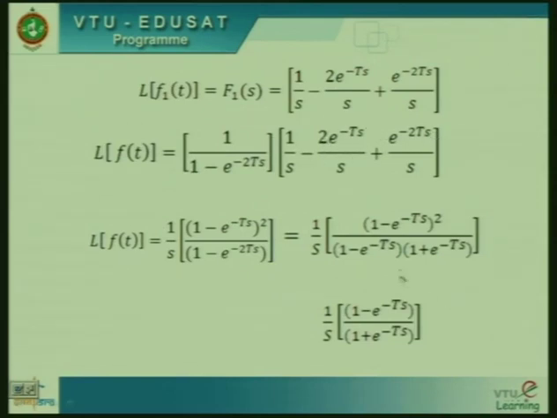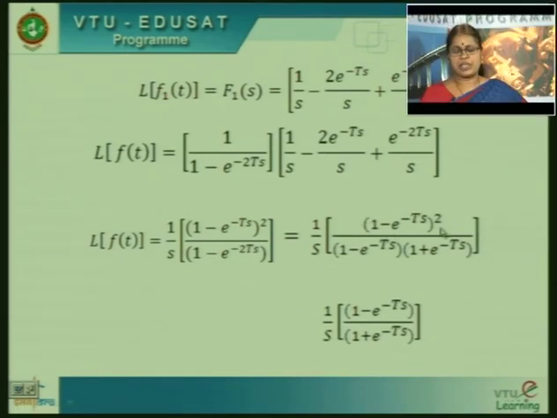So, I can write this term as a minus b whole square, or 1 minus e power minus Ts whole square. So, if you simplify this function, it is 1 by s into 1 minus e power minus Ts whole square divided by 1 minus e power minus Ts into 1 plus e power minus Ts.